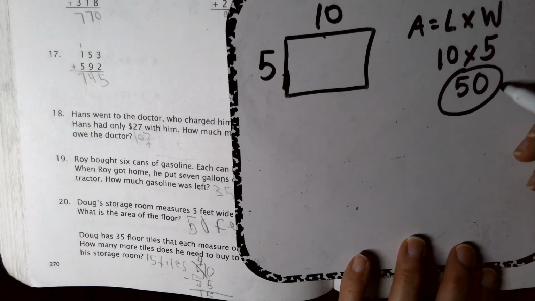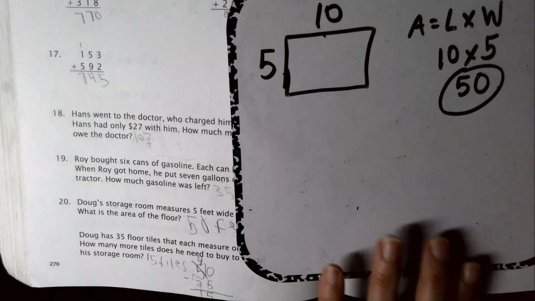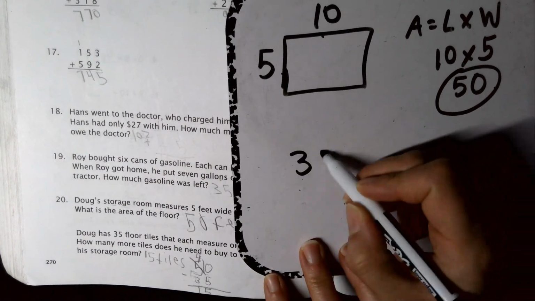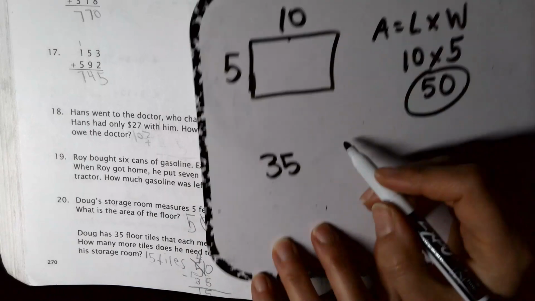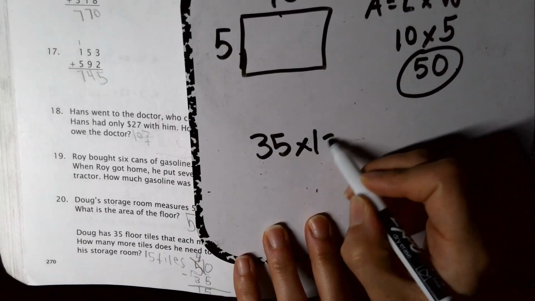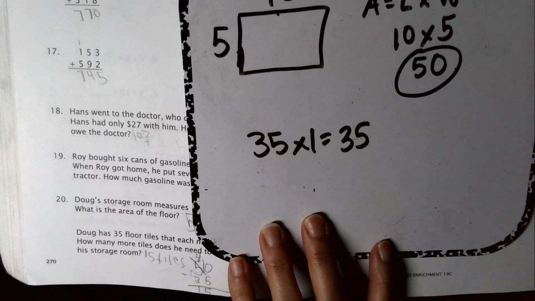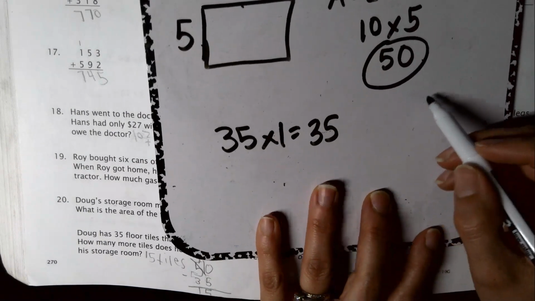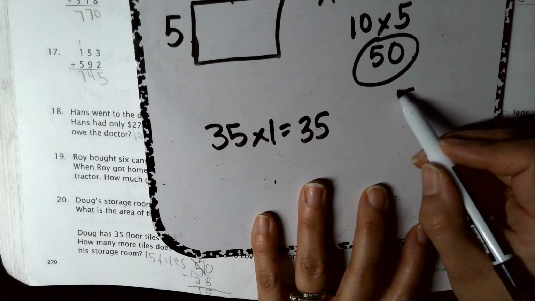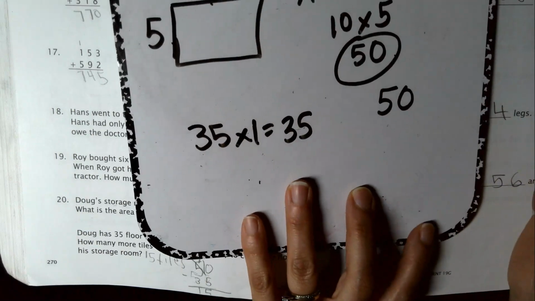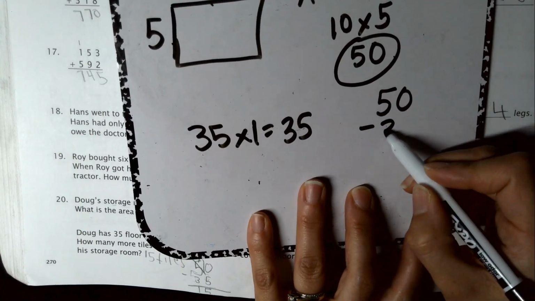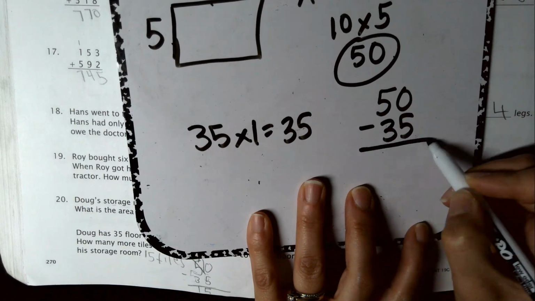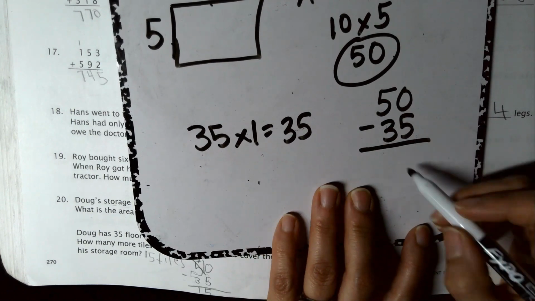We found that that was 50, and he only has 35 tiles, and they each cover 1 square foot. So they just cover 35 square feet. So we need to find out how many more he needs. Well, if he needs to cover 50 and he already has 35, then we just subtract to find the missing part, and that's going to be 15.